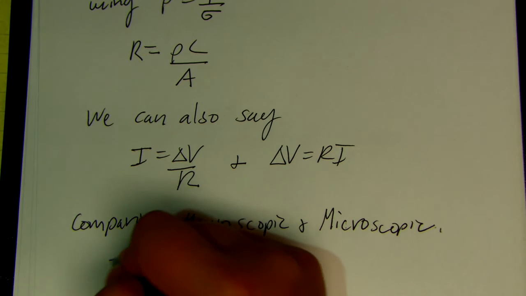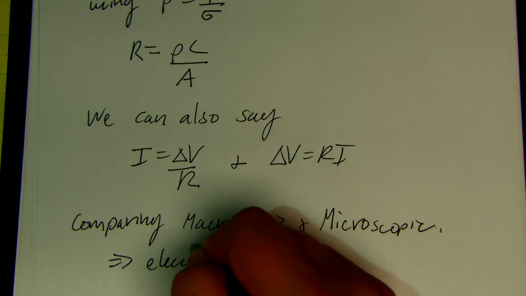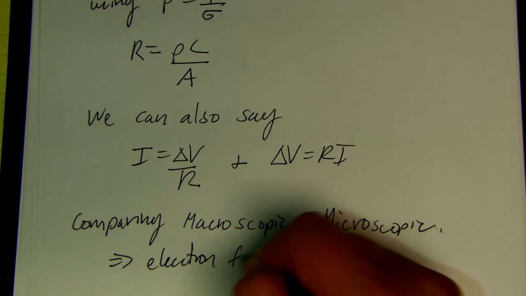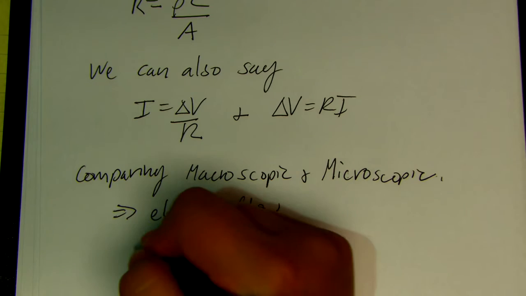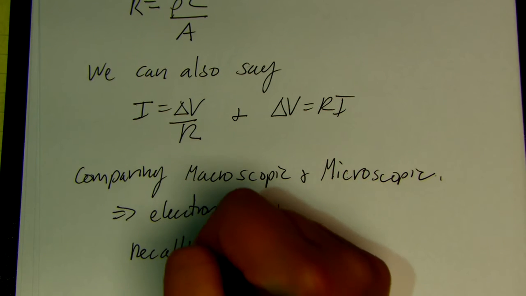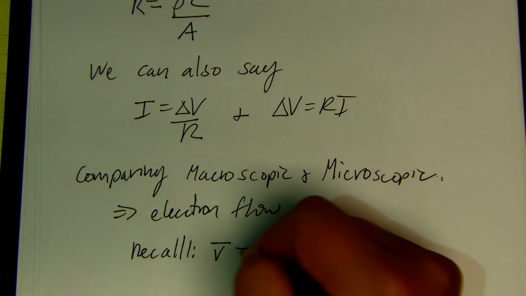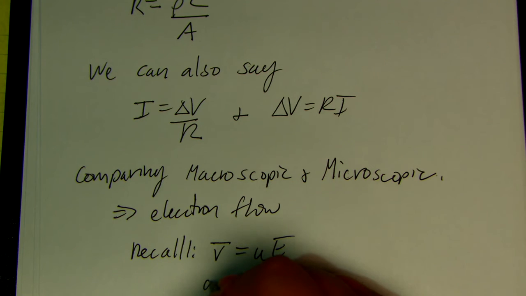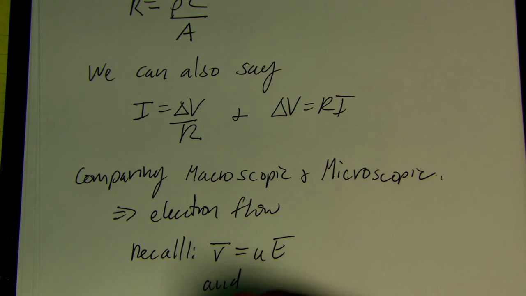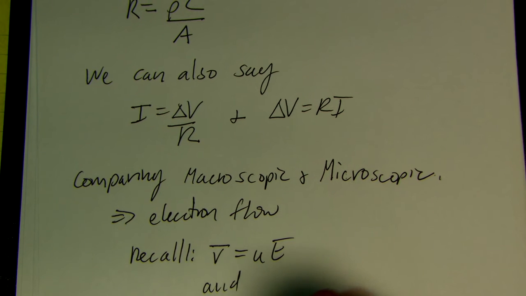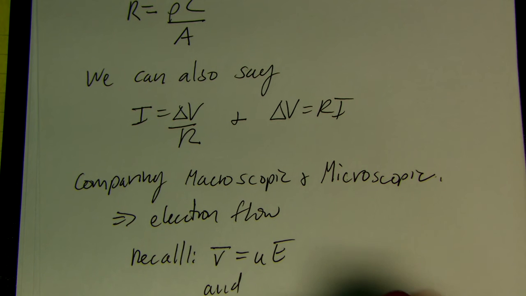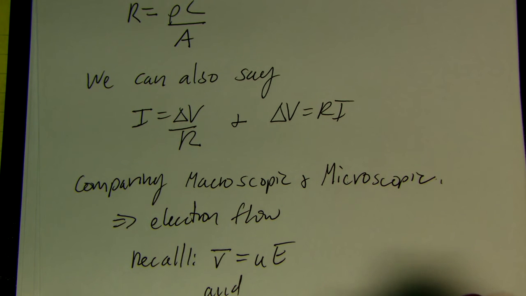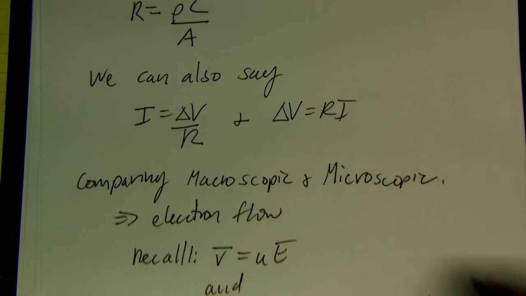We think about currents in terms of electron flow, and we recall that the electron drift speed is equal to mu times E, and I is equal to Q N A v-bar, which is equal to Q N A mu E.